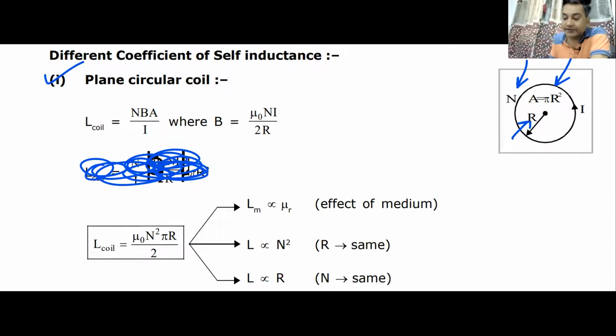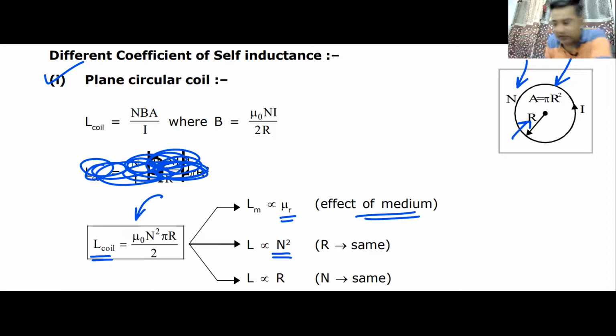And if you find the self-inductance of the coil, how do you do it? That is not what you need to understand. You must remember this formula for the self-inductance of the coil: mu naught into N square into pi R by 2. That means it depends on mu, the medium, and on N square, so it is directly proportional to the number of turns squared.